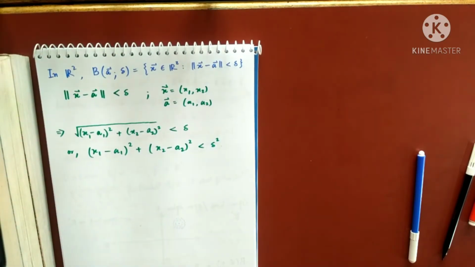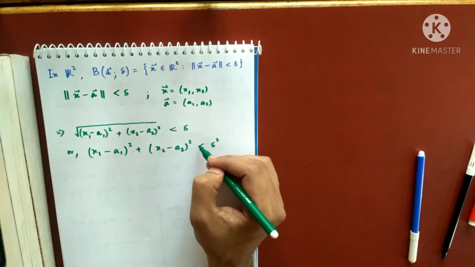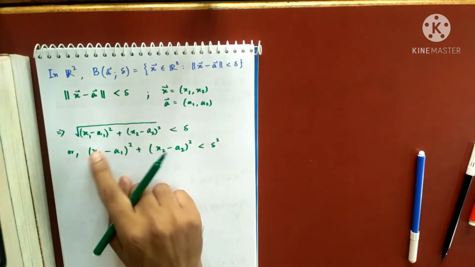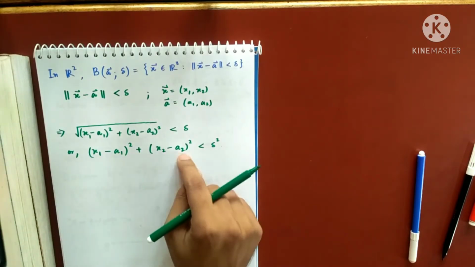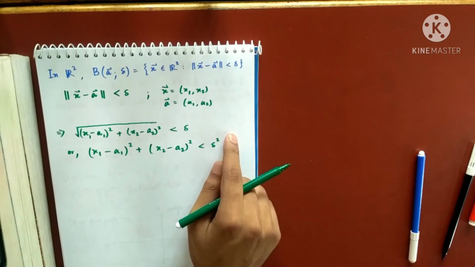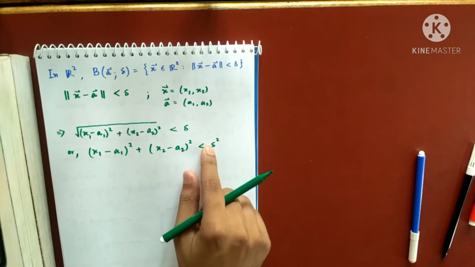Suppose instead of this less than, there was equals to. Do you see this is the equation of a circle? You remember the equation of a circle: x minus h whole square plus y minus k whole square equals radius square. So this is an equation of a circle if there was an equals to.